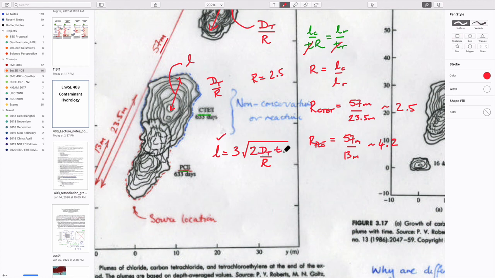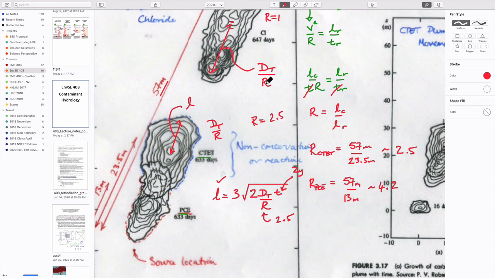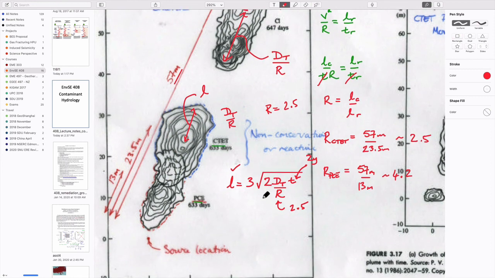We know that it's 2 years since we started going. We know that retardation is equal to 2.5. And so we can get dispersion that should come out of here. And this dispersion should be the same as this amount here, because it's being corrected for the effects of retardation. You'd expect it to be the same. And so we can use the same rationale as before.